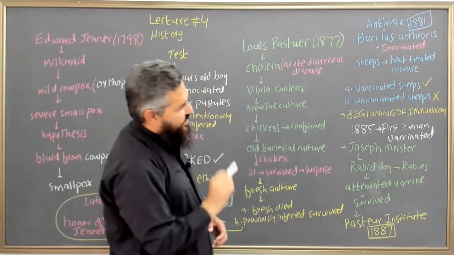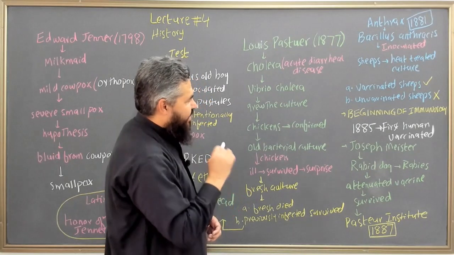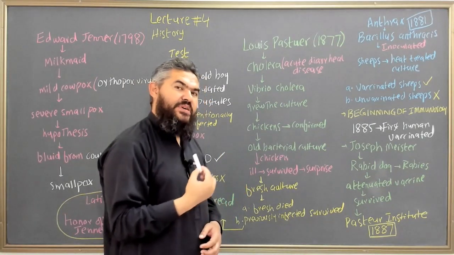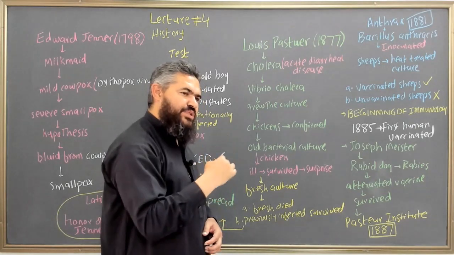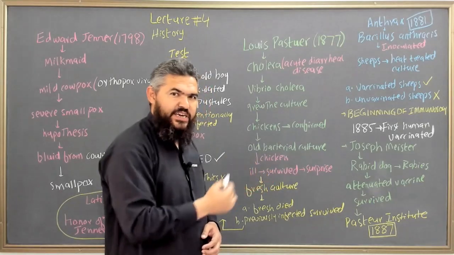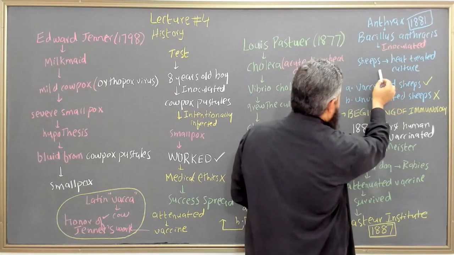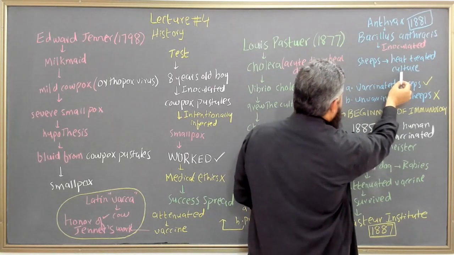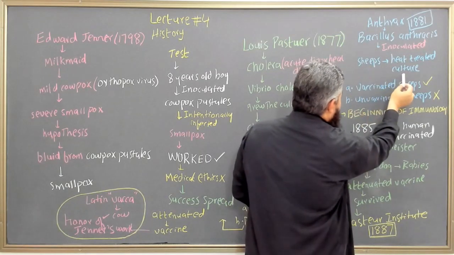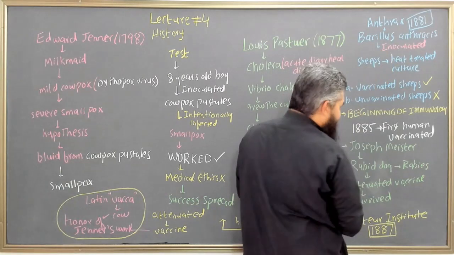And these experiments actually marked the beginning of the immunology: if you are exposed to an attenuated version of a particular pathogen, your immune system is then going to protect you from the real infection of that organism. So if you treat the sheep with the heat-treated culture first, and then give them the unattenuated Bacillus anthracis, the heat-treated culture has made these sheep immune to the natural Bacillus anthracis.